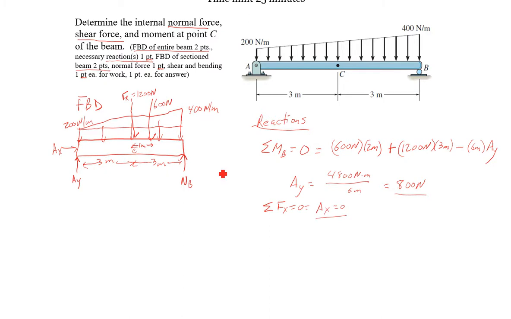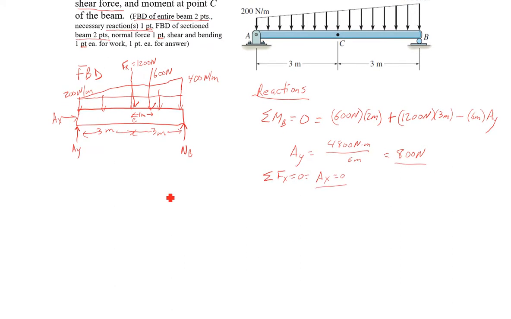Now we're going to take a section of our beam. Since I only found the reactions at A, I'll take the section of the beam from A to C, and we'll find our shear and bending at C. Segment AC.